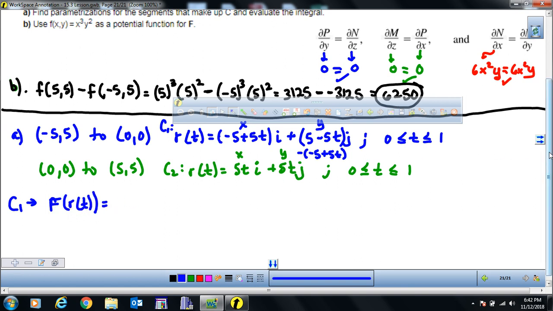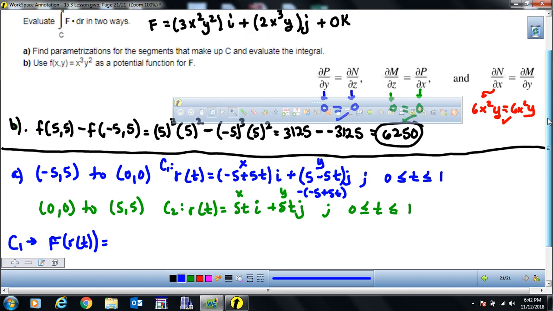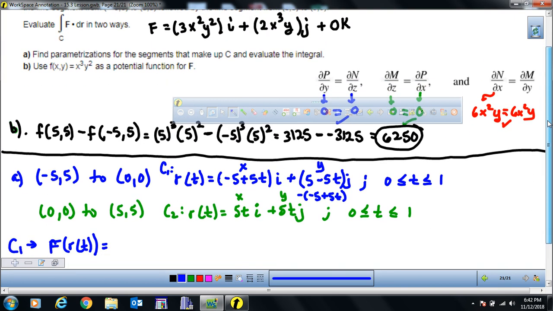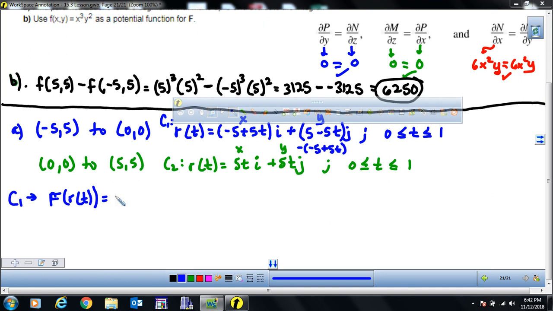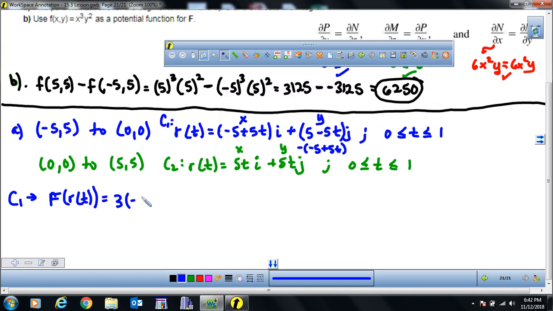Okay? So remember that F is equal to 3x squared y squared i. So 3, and instead of x would be negative 5 plus 5t squared times y squared. I'm going to use the bottom one for one reason. You will see.